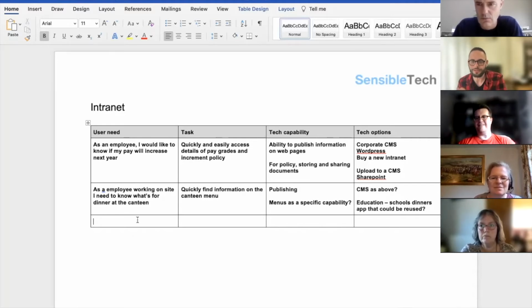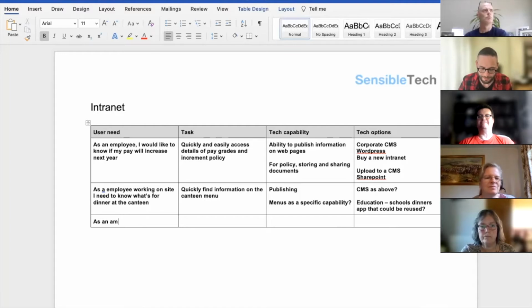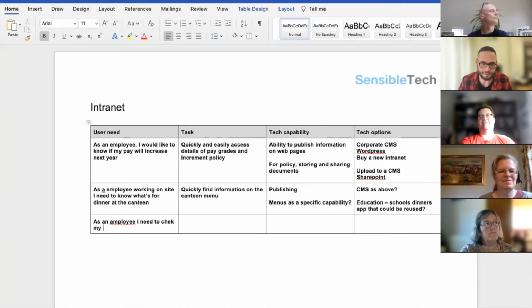So another example here could be, for instance, as an employee, I need to check my flexi time balance.